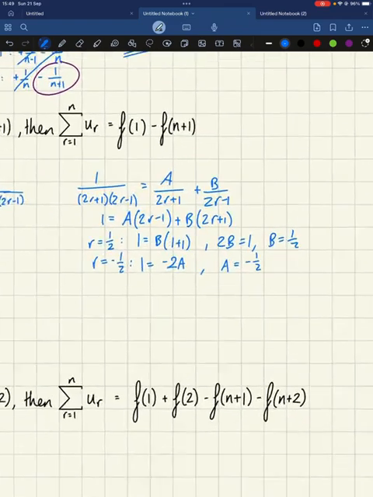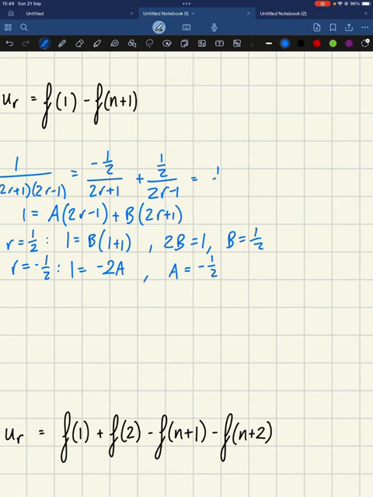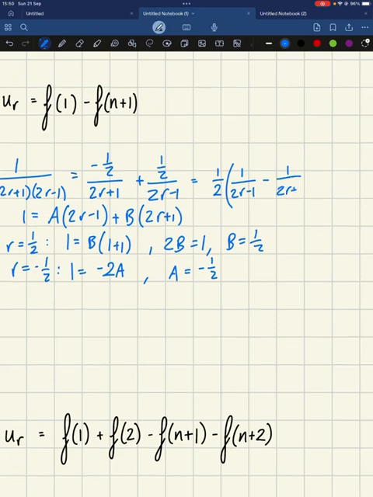So rewriting this, our a over 2r plus 1 is minus a half, so minus a half plus a half, and we'll just rewrite this. We can factor out a half, so what we get is, we'll do this one first because that's going to be a minus, so we're going to subtract it. So we'll get 1 over 2r minus 1 minus 1 over 2r plus 1.